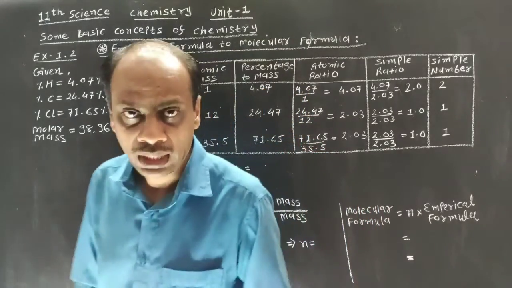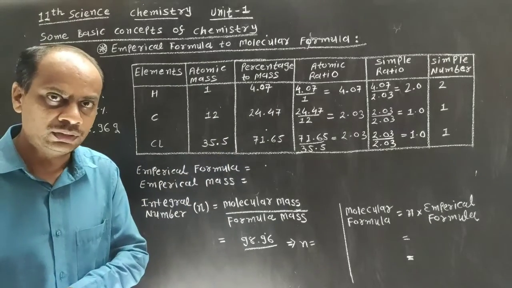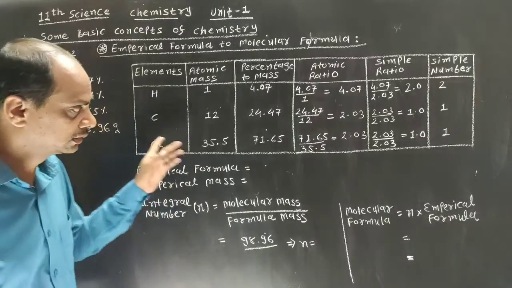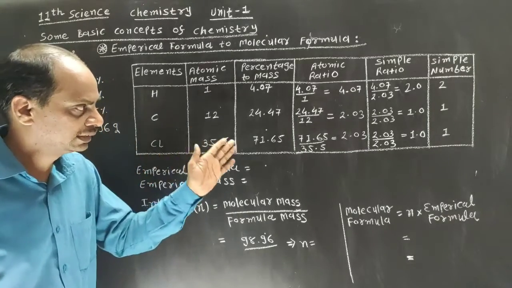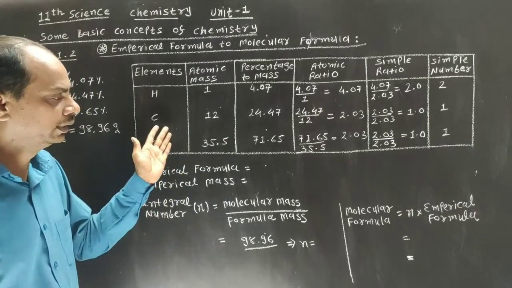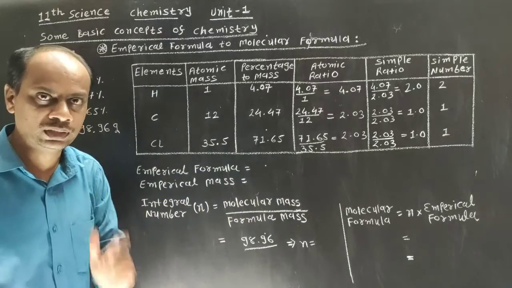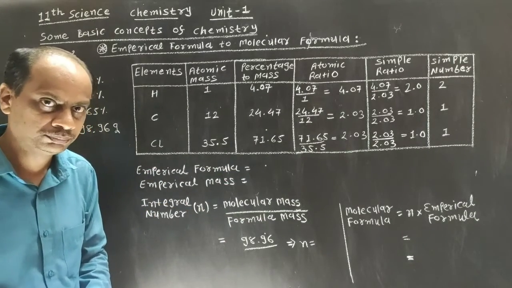So here I have prepared one tabular form instead of the method which is given in the textbook. This is the easiest method and this is the fastest method also to obtain the empirical formula and molecular formula of any organic compound.